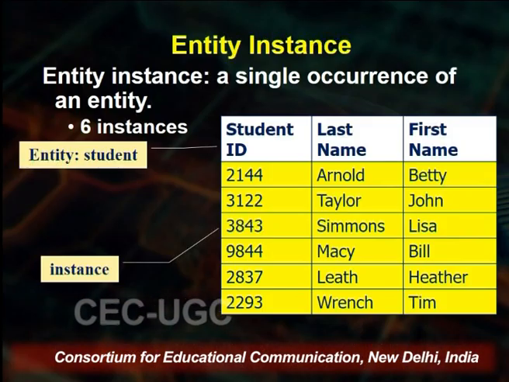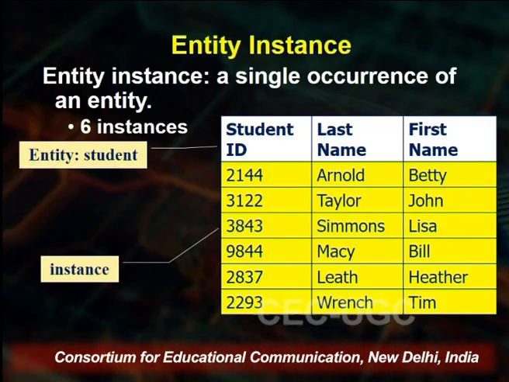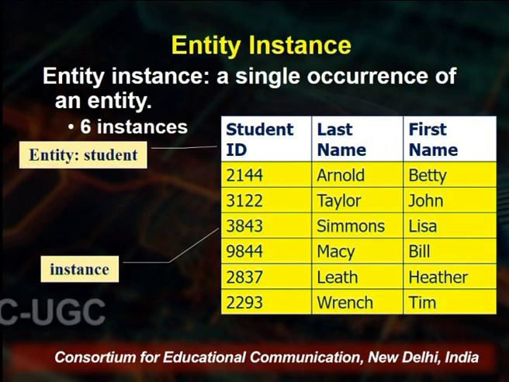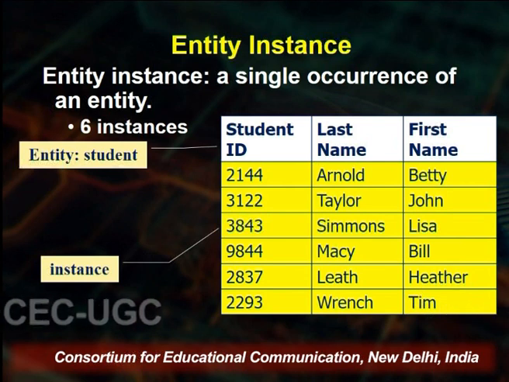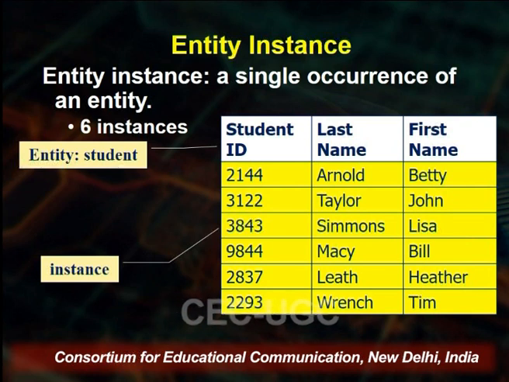And here, as I have shown you earlier as well, we have an entity student in this entity set. This whole table is an entity set which you can see on the screen. This entity set has 6 instances. Each row here is termed an instance of the entity set, or we can say each row is an entity. So, student here is an entity with the attributes student ID, last name, and first name.